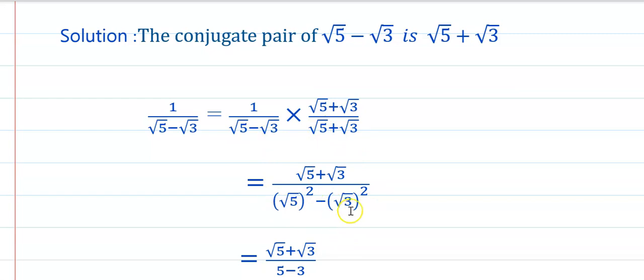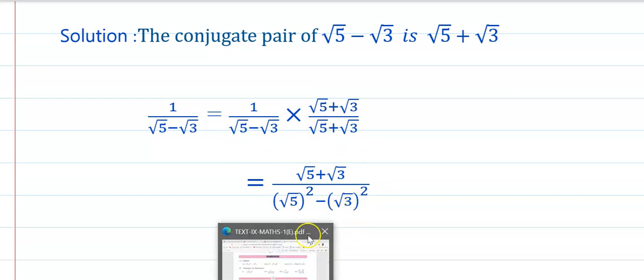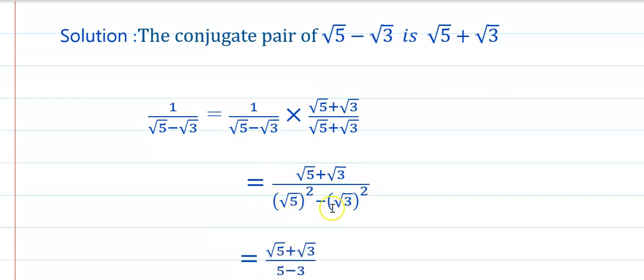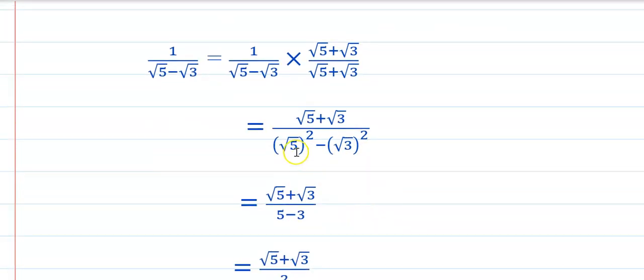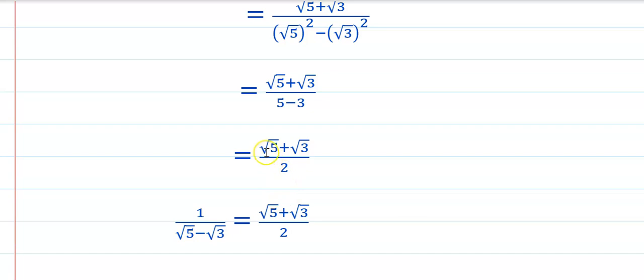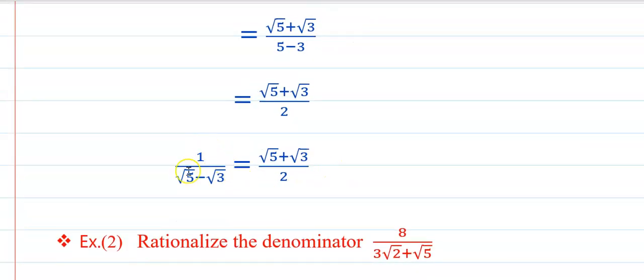Then you will get a square minus b square. That's root of 5 bracket square minus root of 3 bracket square. What is the root of 5 bracket square? That is 5. Root of 3 bracket square means 3. 5 minus 3, you will get 2. Therefore, root 5 plus root 3 upon 2. And in this way, the denominator is rationalized, and hence 1 upon root 5 minus root 3 is equal to root 5 plus root 3 upon 2.